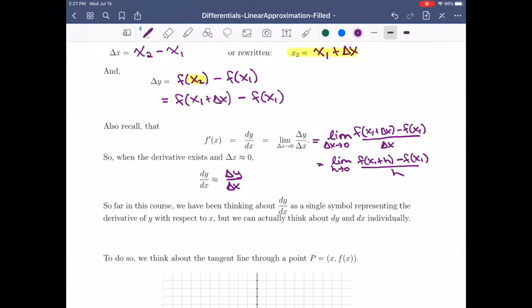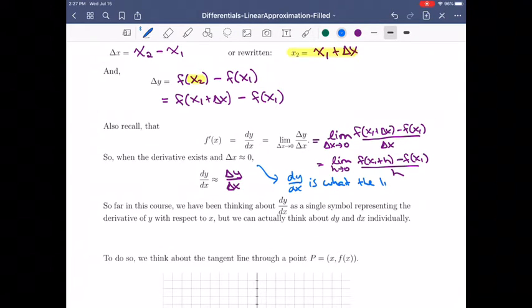So dy dx is what the limit approaches, and when we're close to the limiting point, our y value should be close to what it's going to equal.